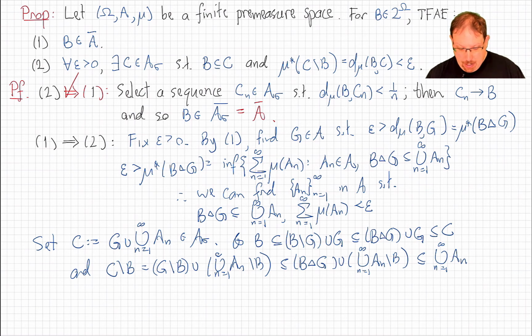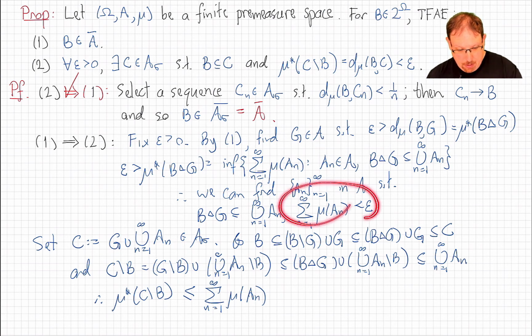Okay? And therefore, the outer measure of C minus B, which is the infimum over the sums of the premeasures of all sets in any union that's countable that contains it, that infimum there includes this set of ANs, which means that that is less than or equal to the sum of the premeasures of the ANs, and that was what we arranged to be less than epsilon.